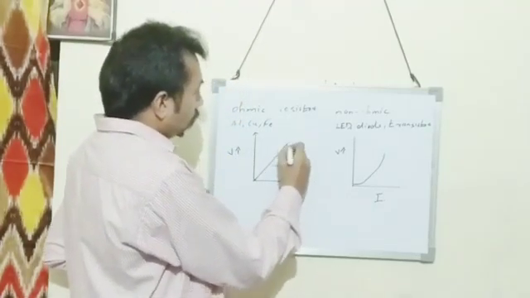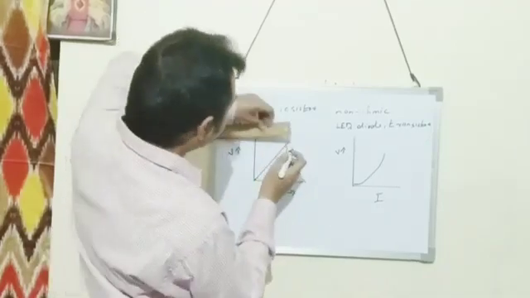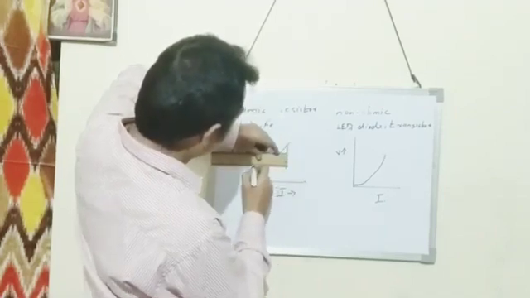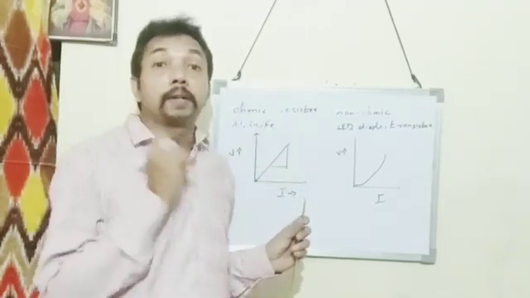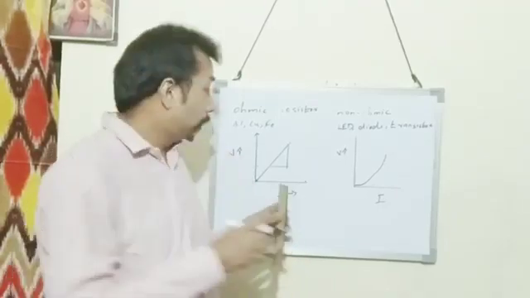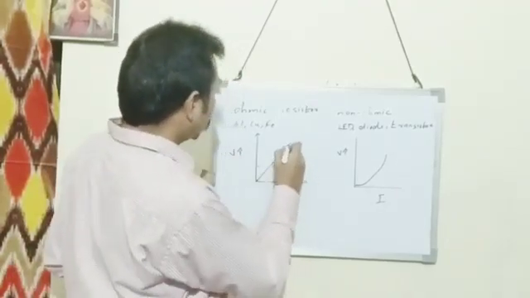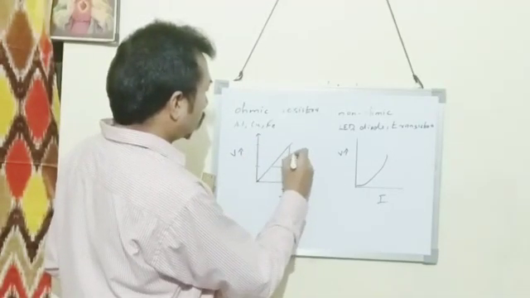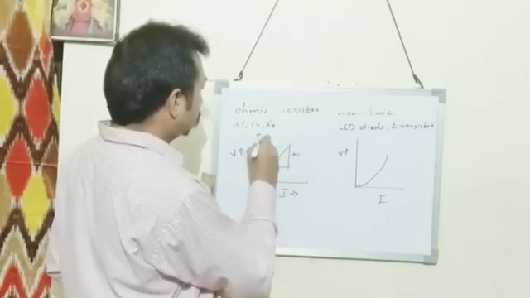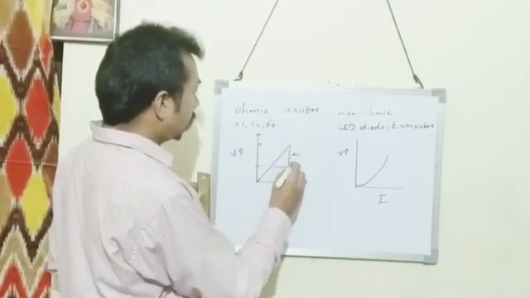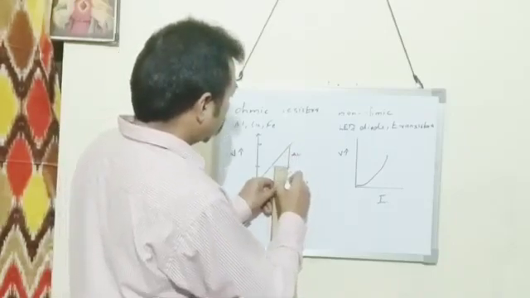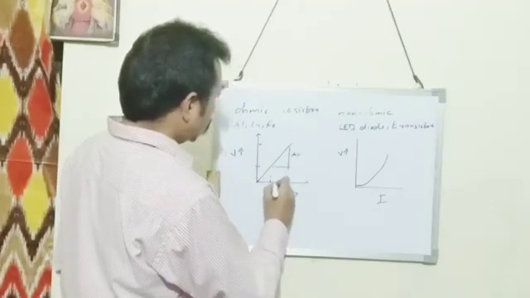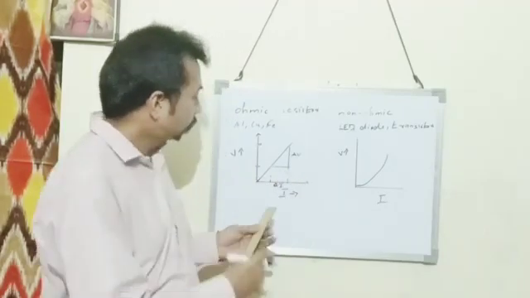Slope is equal to the difference of y coordinate upon the difference of x coordinate. The difference of y coordinate for this part, the difference of this point and this point, is called delta V. And the difference of x coordinate is called delta I.